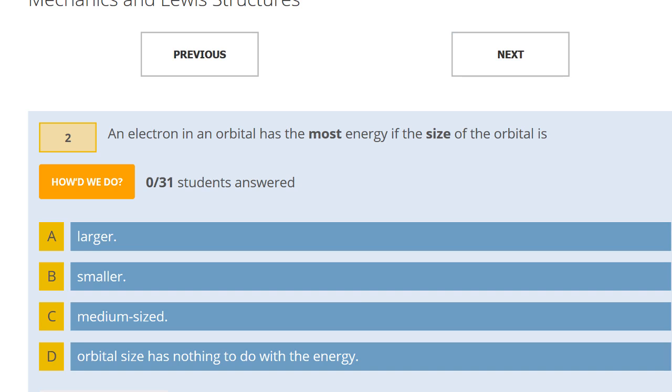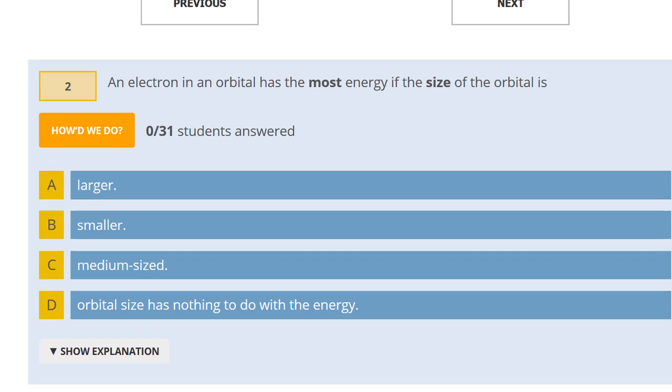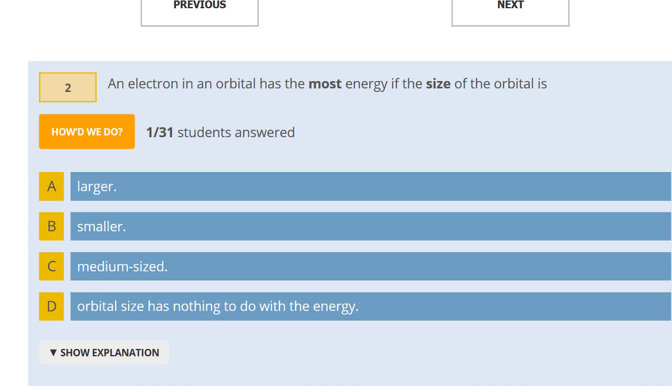Next up, an electron in an orbital has the most energy if the size of the orbital is. And we'll get our answers locked in. Count down. 5, 4, 3, 2, 1. Exactly. It's if it's larger. Larger orbitals have more energy.